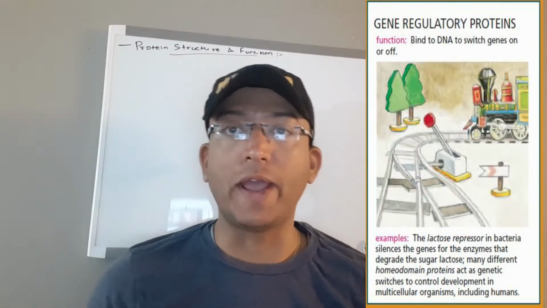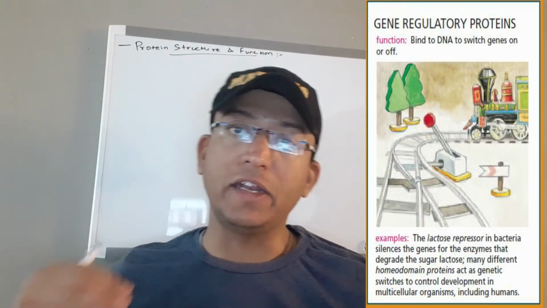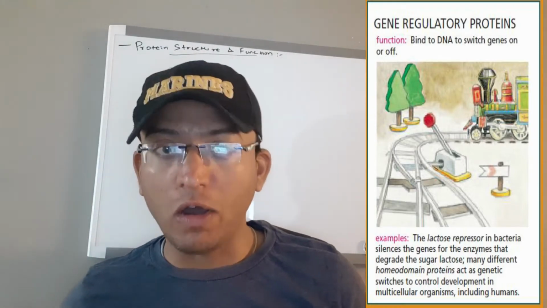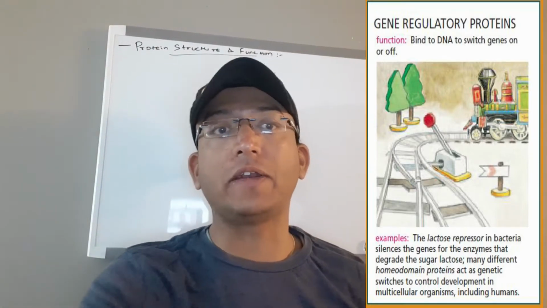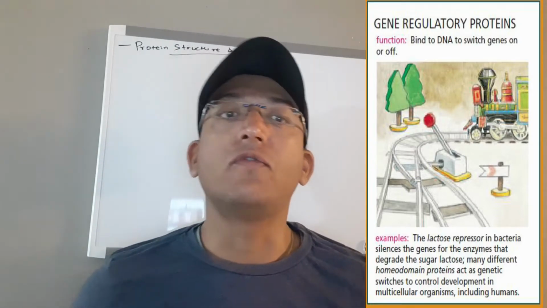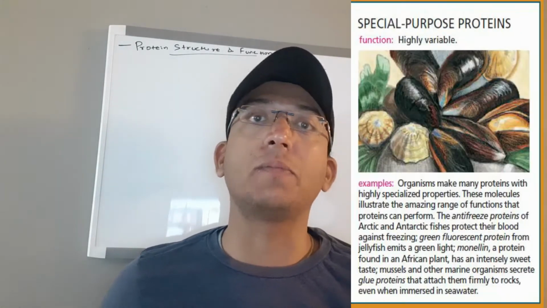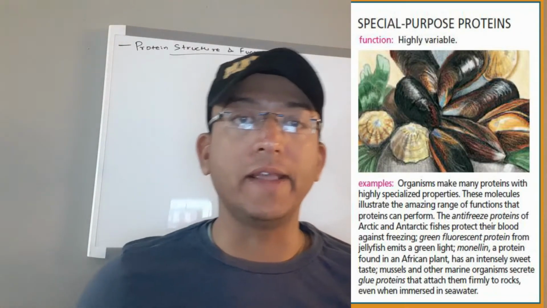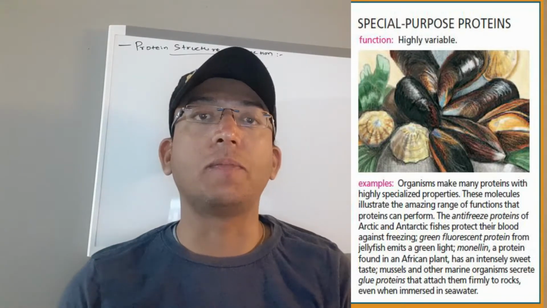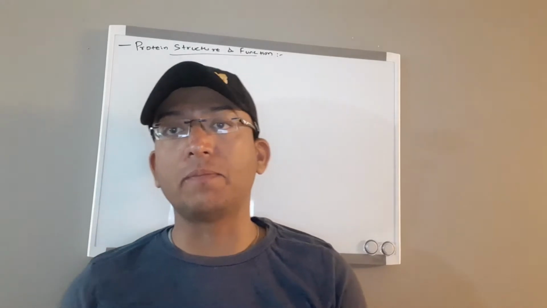Right, there are gene regulatory proteins that bind to DNA to switch genes on or off. The example is lactose repressor in bacteria, which silences the gene for the enzyme that degrades the sugar lactose. And there are special purpose proteins whose functions are highly variable, in examples you can see for the plants and the fish. All right, so these are a few of the examples that we can see of the proteins.